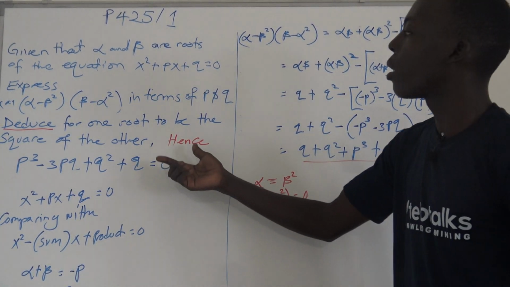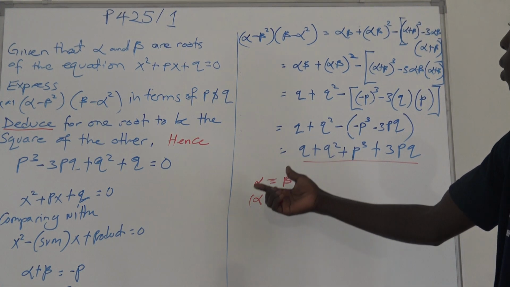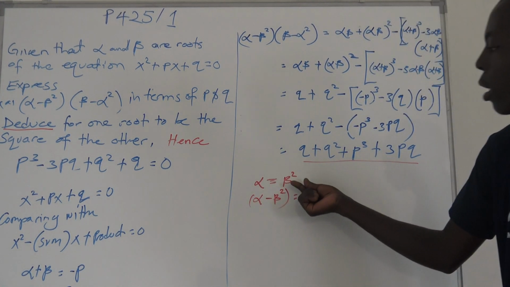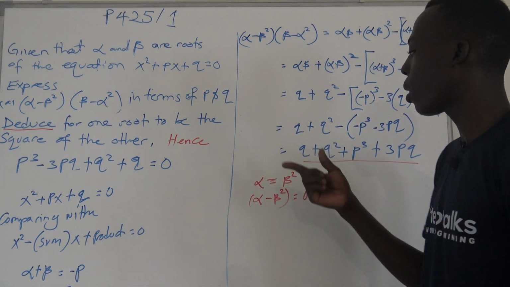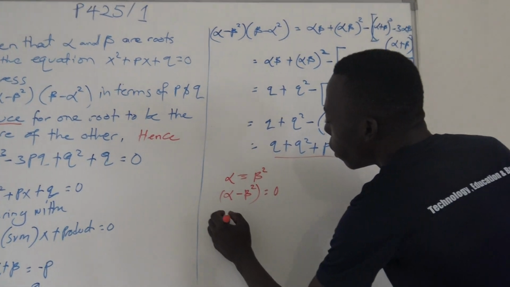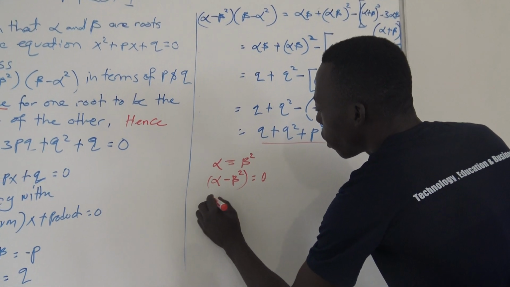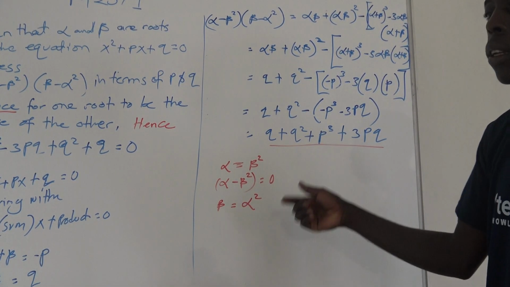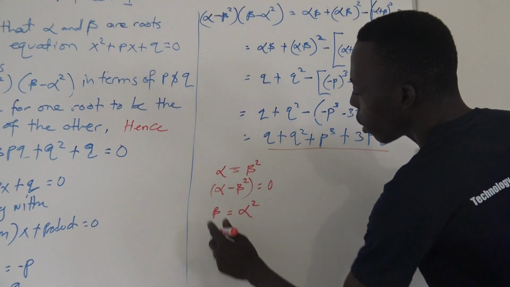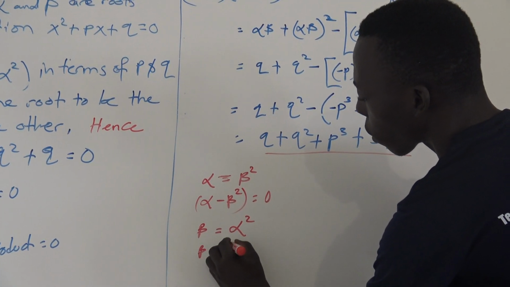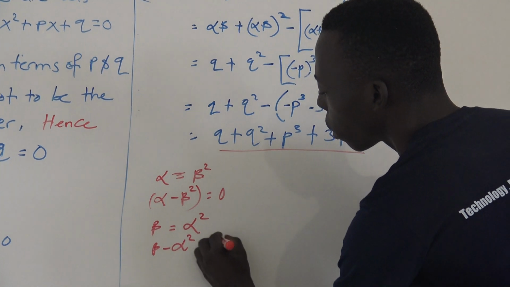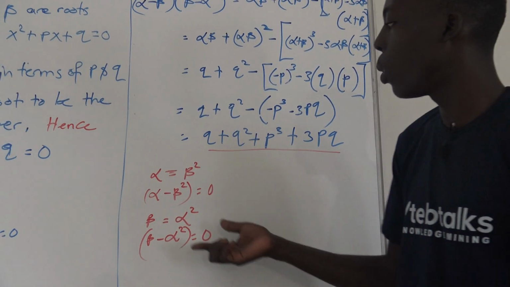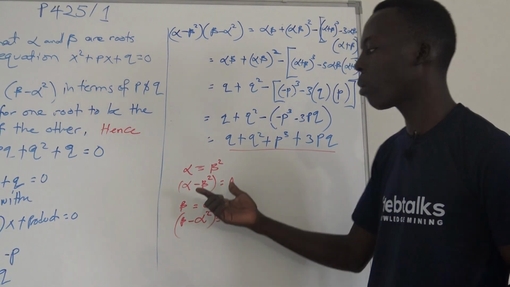Also, they said for one root to be the square of the other, so when beta is a square of alpha, we may have that beta can also be the square of alpha. So we bring this one to this side, beta minus alpha squared, which will give us 0.